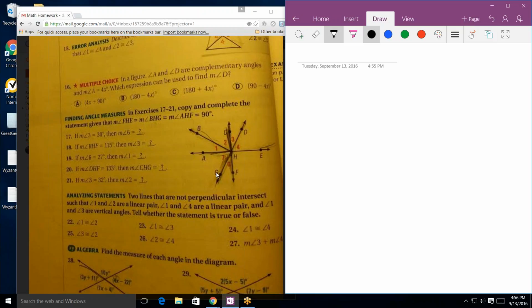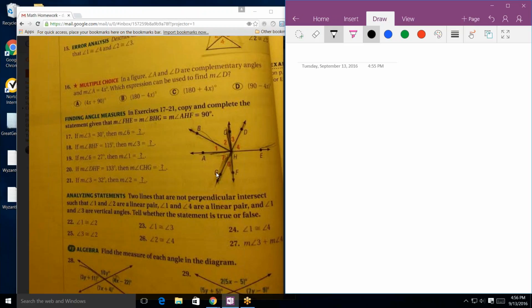Okay, how about 21? If the measure of angle 3 equals 32 degrees, how many degrees is the measure of angle 2? So we're still assuming that GD is a line and it's 180 degrees.